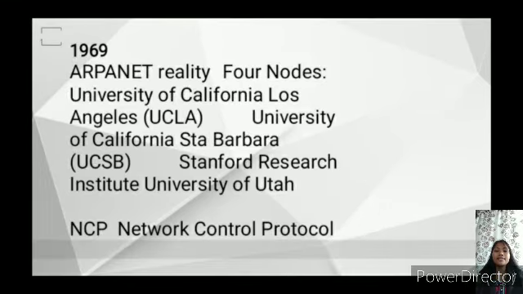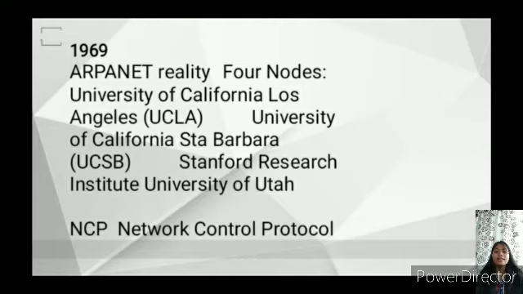In 1969, on October 29, a Stanford Research Institute, or SRI, computer and one at the University of California, Los Angeles, or UCLA, were connected in the first network through the use of packet switching.